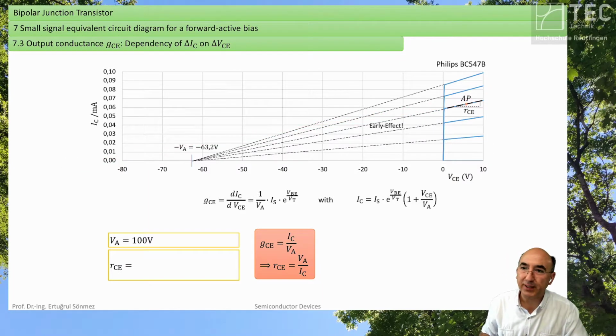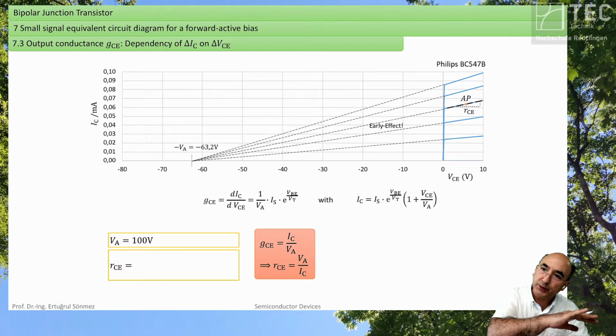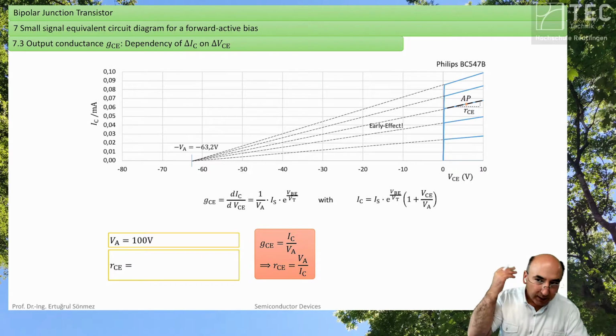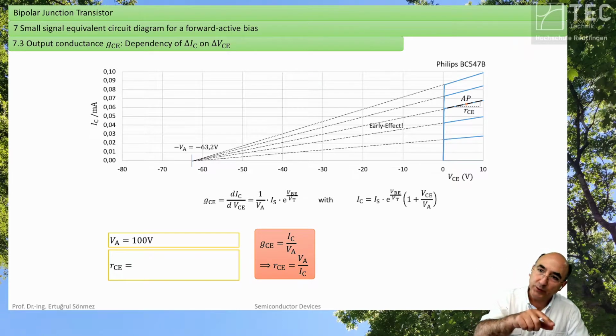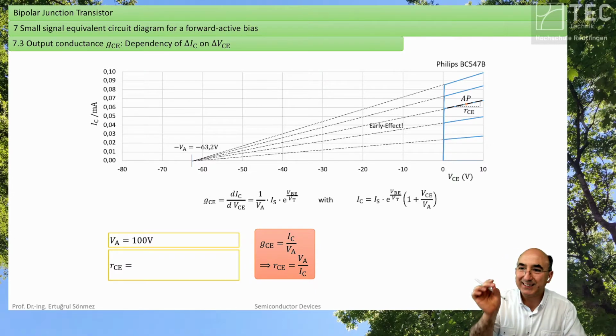Because in the circuit design, as a cascode, we have learned that the cascode has a far more constant current as a function of the voltage at the output. So from the circuit design point of view, remember or take a closer look, if you can't remember because you have never heard about that, the cascode configuration.